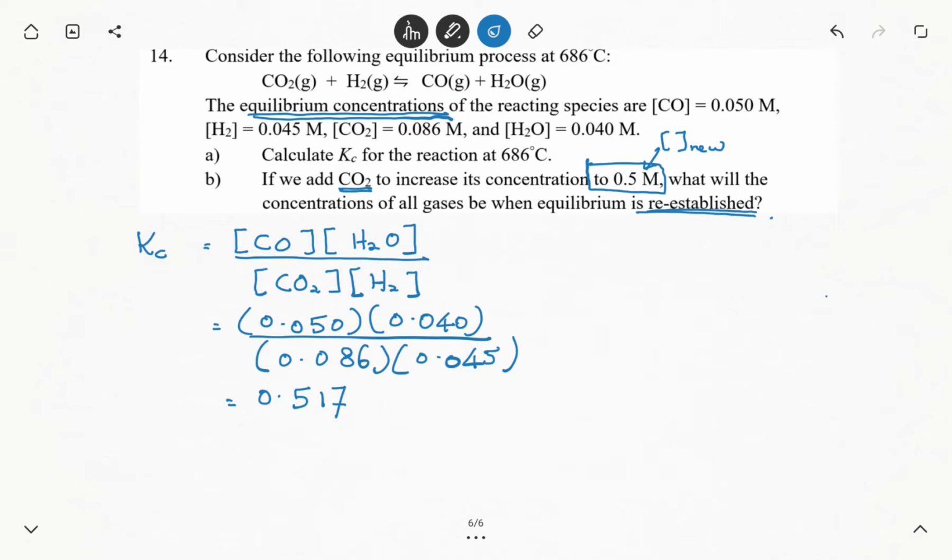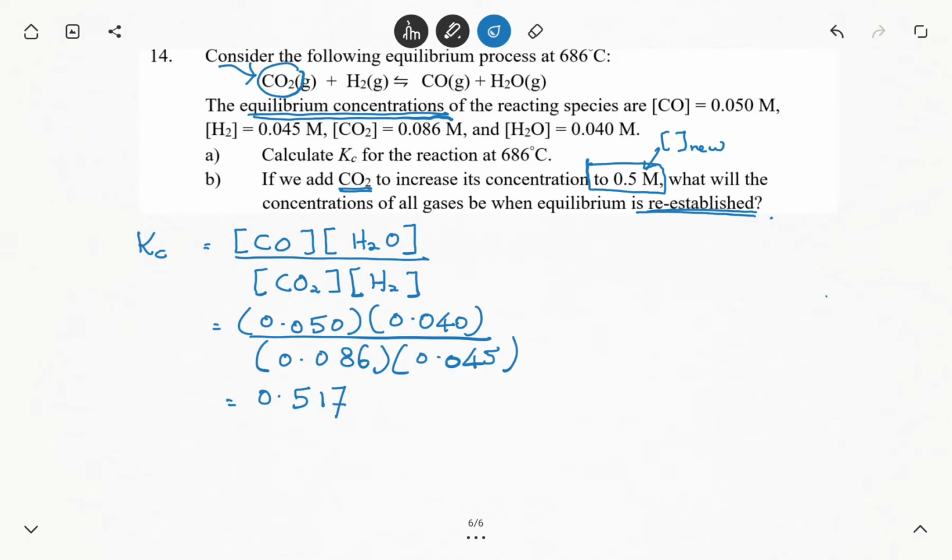So in this case when we add CO2, the carbon dioxide or the reactant, the equilibrium system will be disturbed, so the system is not in equilibrium anymore.